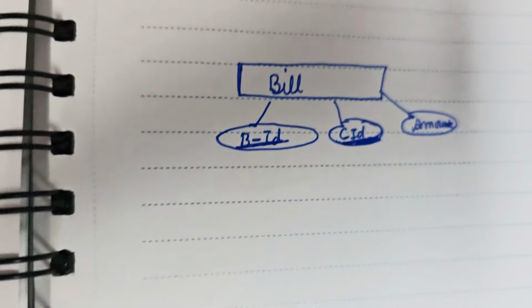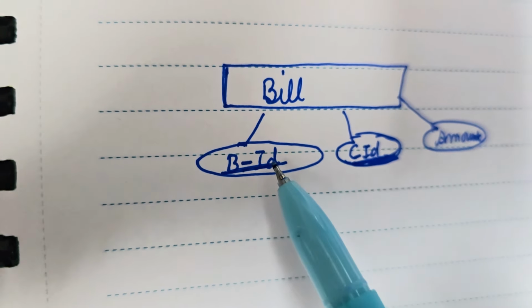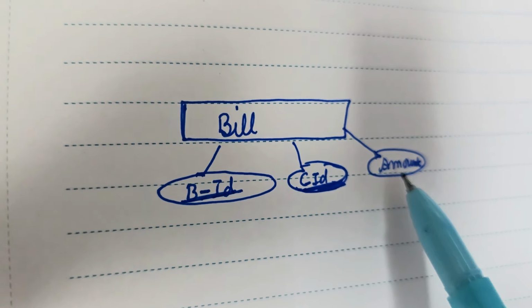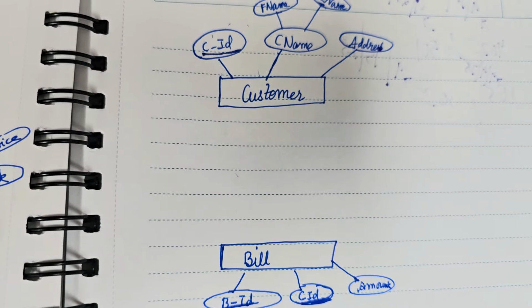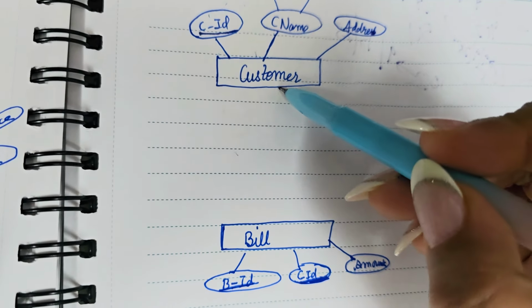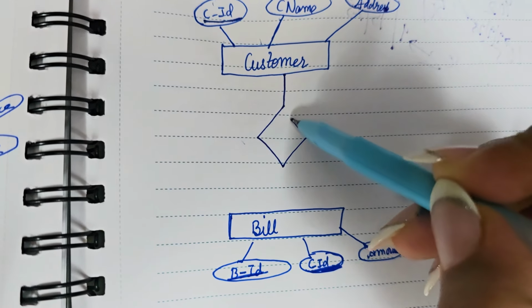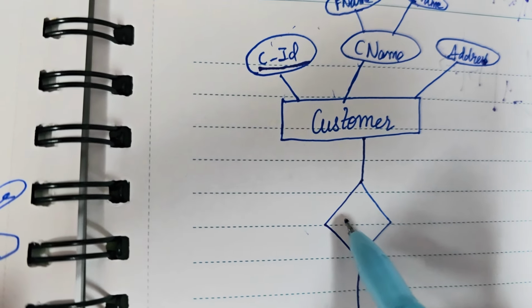Another entity, bill, can also be represented this way. So this is an entity bill. Bill ID is the primary key. Then we have the customer ID and the amount. These two entities would have some relationship. So how do we make a relationship? We make a relationship with the help of a diamond shape, and this relationship would always include a verb.